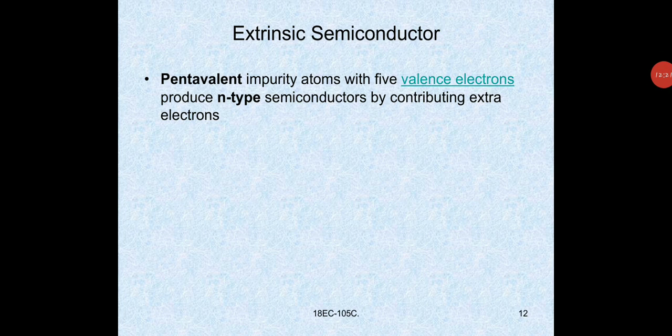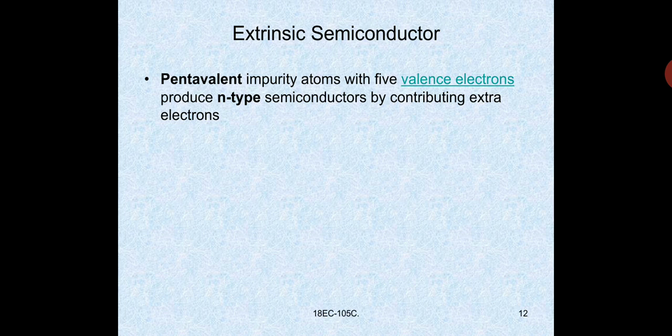Now let us study the impurities that will be added to make pure into impure, that is, an extrinsic semiconductor. The pentavalent impurity atoms with 5 valence electrons produce an n-type semiconductor by contributing extra electrons.